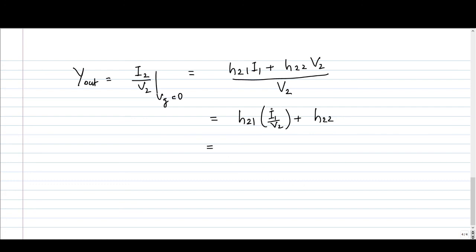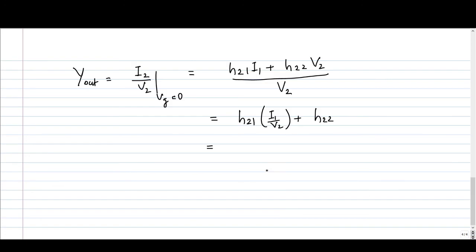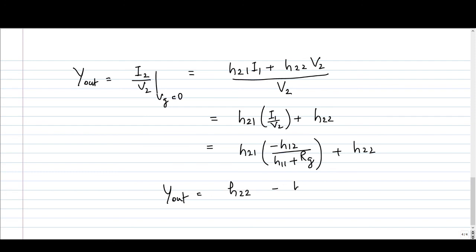So I1 by V2 we have already determined. In the previous figure, you can see I1 by V2 is minus H12 by H11 plus Rg. So minus H12 divided by H11 plus Rg, plus H22. So Y out is H22 minus H12 into H21 divided by this H11 plus Rg.